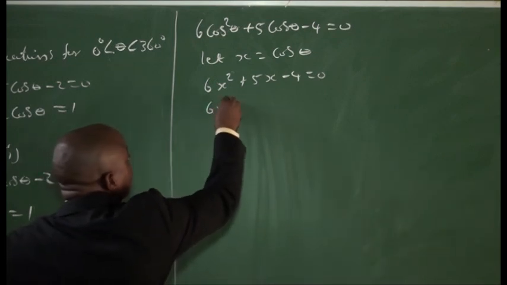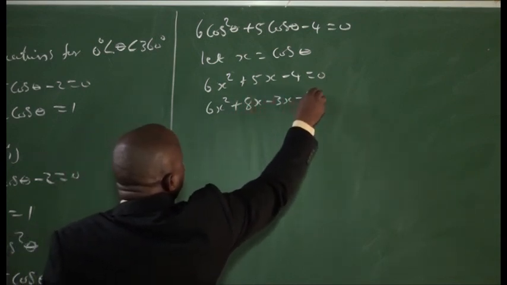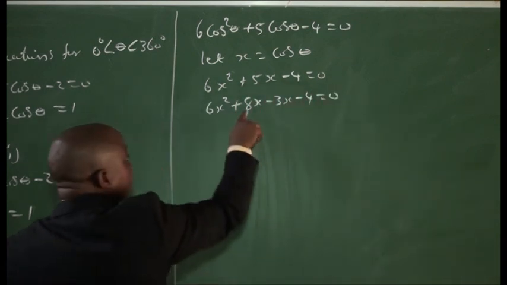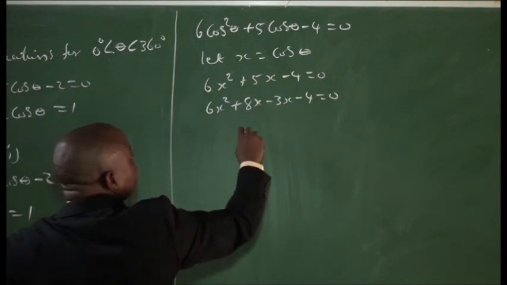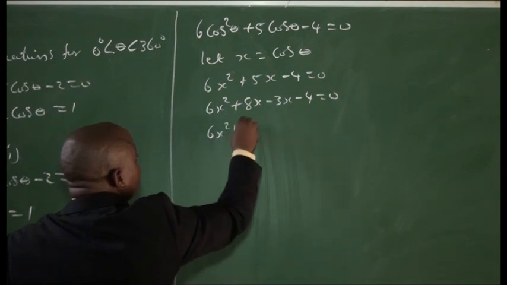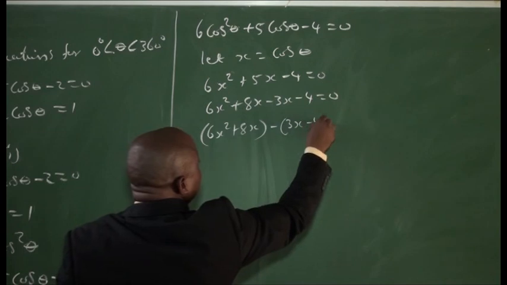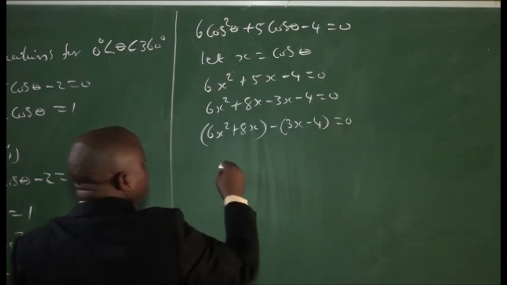So we say 6x squared plus 8x minus 3x minus 4 equals 0. Now 8 minus 3 is 5. 8 times minus 3 is minus 24. So we have 6x squared plus 8x minus 3x minus 4 equals 0.